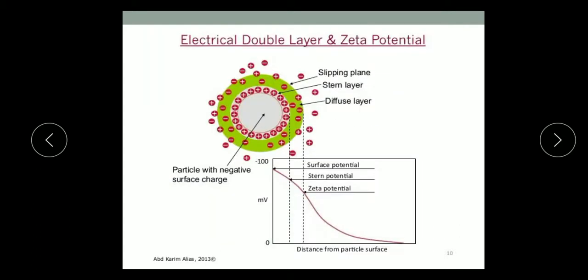electrokinetic potential or zeta potential. See this figure, it will be very clear to you. Suppose we have a negatively charged sol particle.